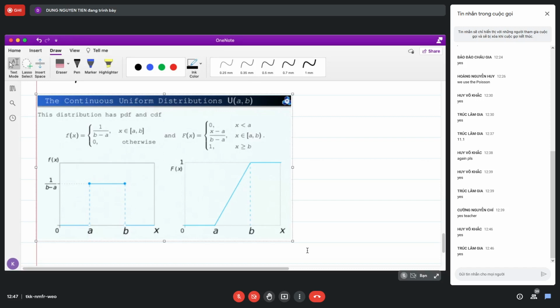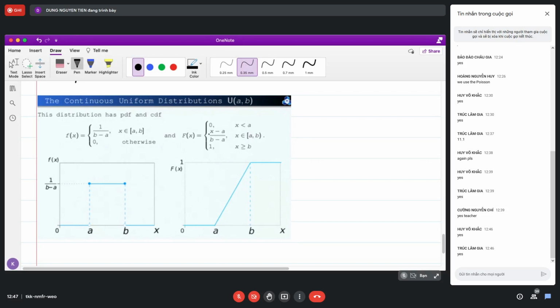Or you can use it to generate some other distributions. That's why we may want to talk about that a little bit.